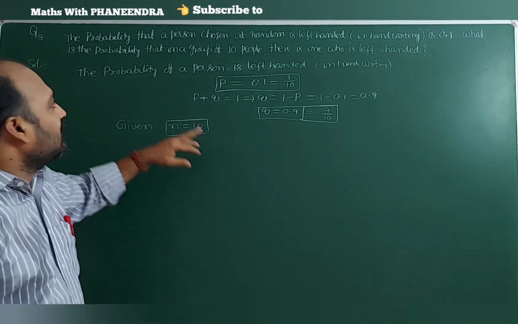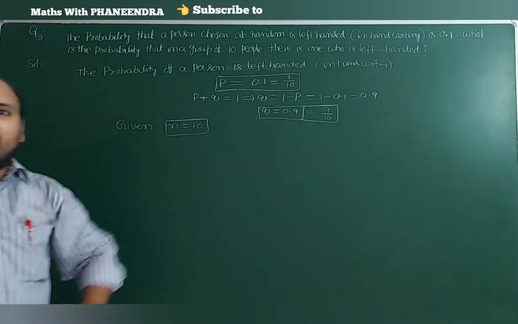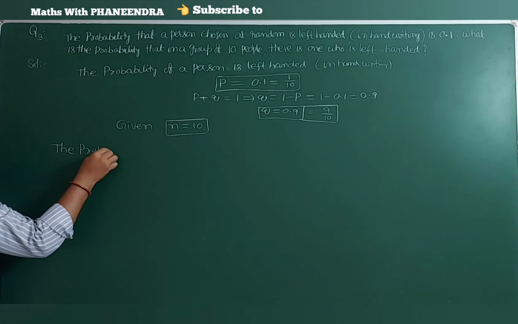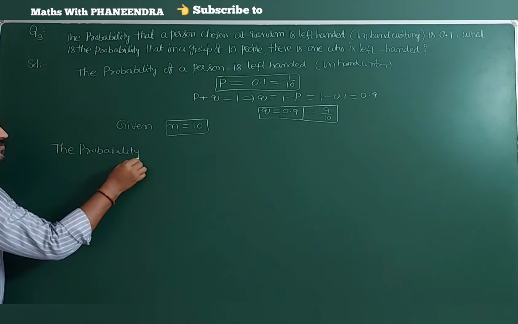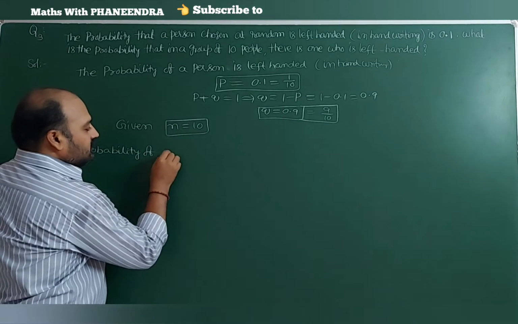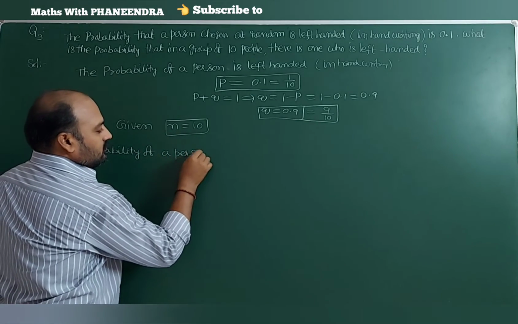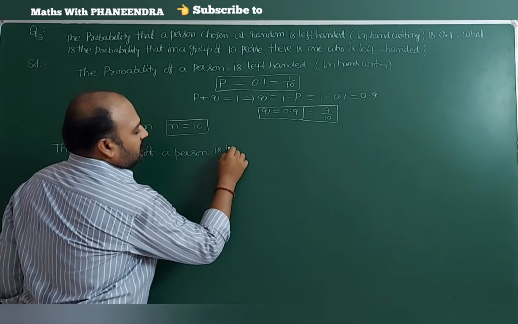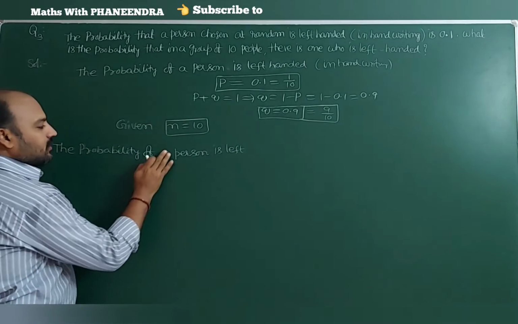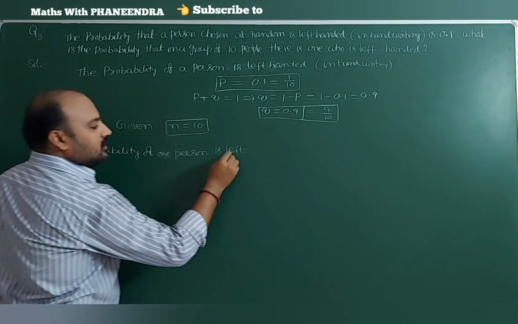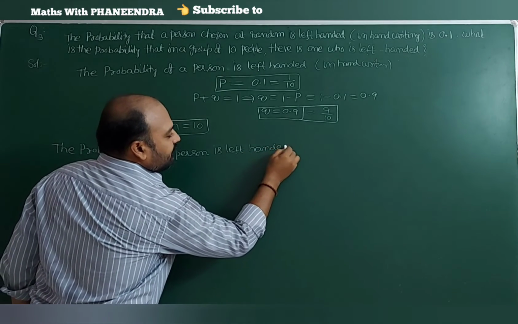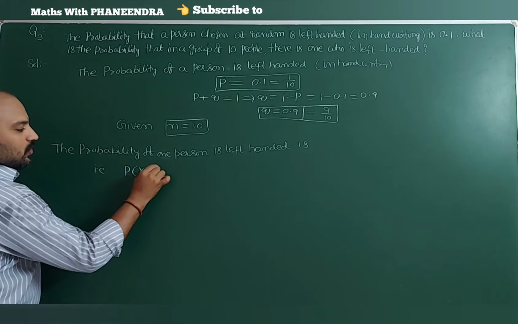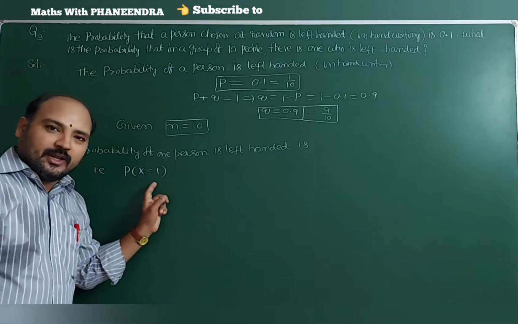So what they are asking: there is one who is left-handed. The probability of one person being left-handed is P of x equal to 1, r is equal to 1 here.